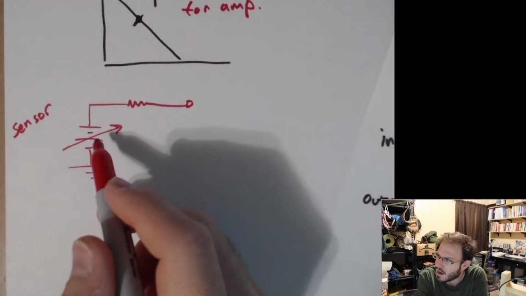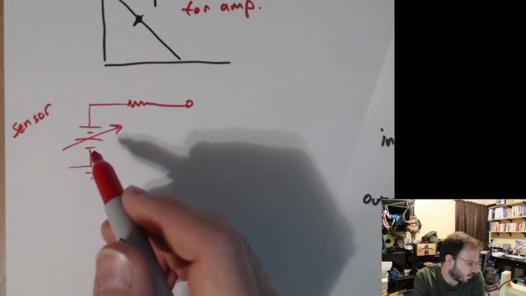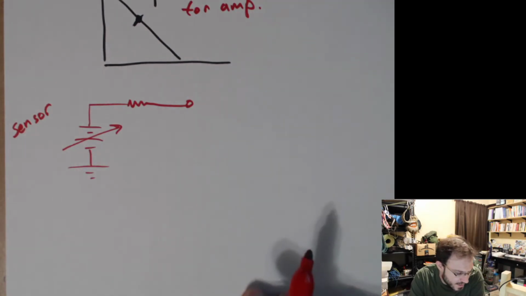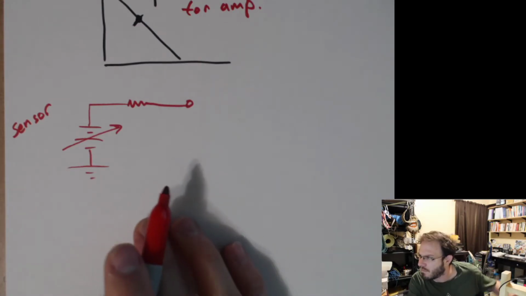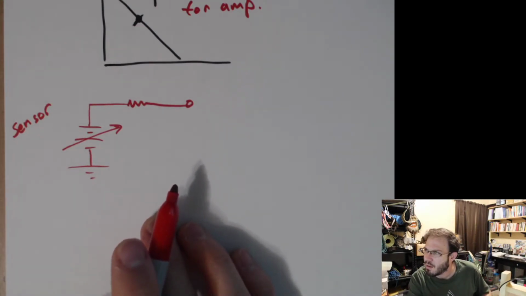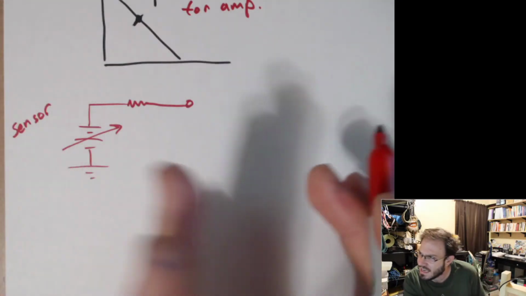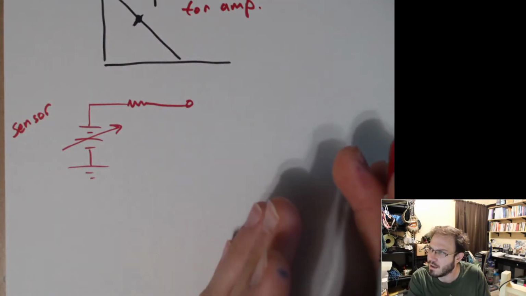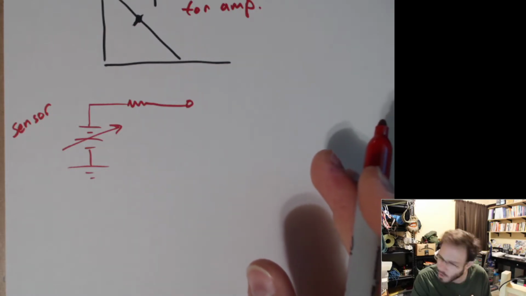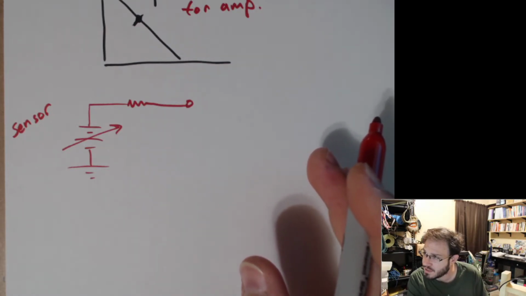It doesn't care. We just have some changing voltage, and this could be centered around 0. This could be centered at 20 volts. It could be centered at minus 10 volts. But we want to feed this into our amplifier at some point. So we're going to want to remove the DC offset.